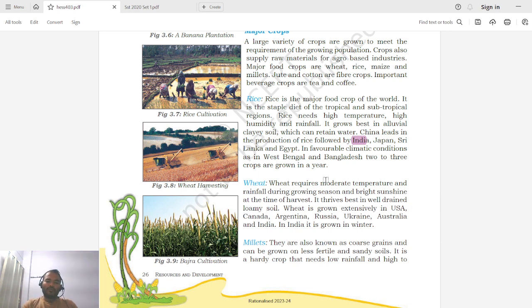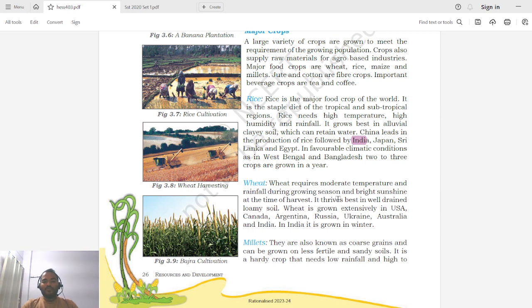It also requires moderate rainfall during its growth season, but when the plant is completely grown and ready to harvest, wheat requires bright sunshine so that proper drying of the crop can be done. So basically three important things: moderate temperature, moderate rainfall during growth, and bright sunshine during harvesting.